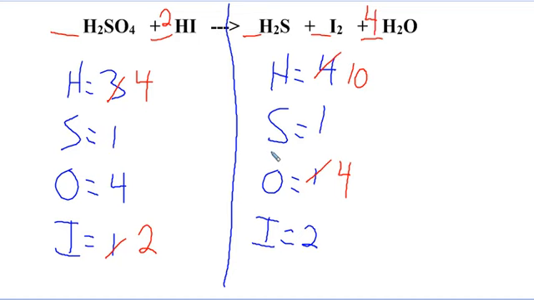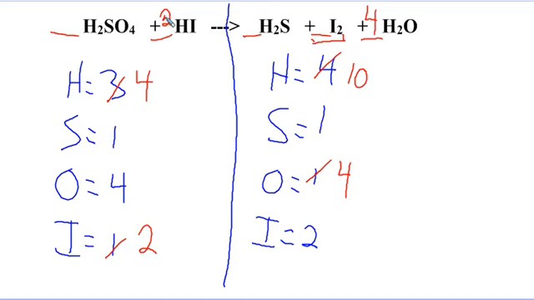When we go back to the hydrogens, you see we have an I2 by itself right here. So that's good. That means we can kind of do whatever we want with the I's, as long as it's even. What if we had 6 right here?